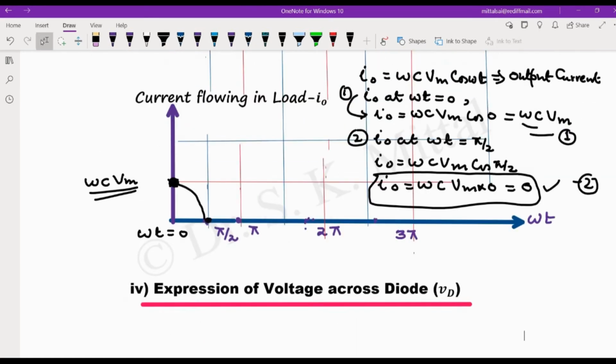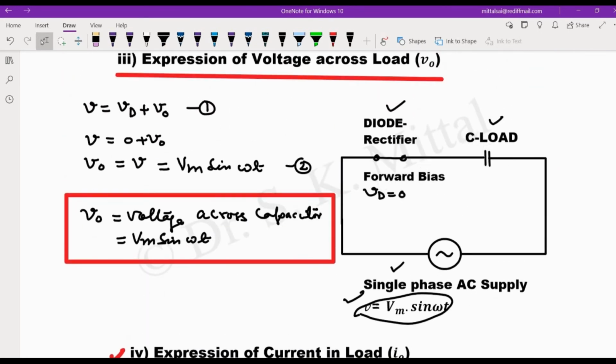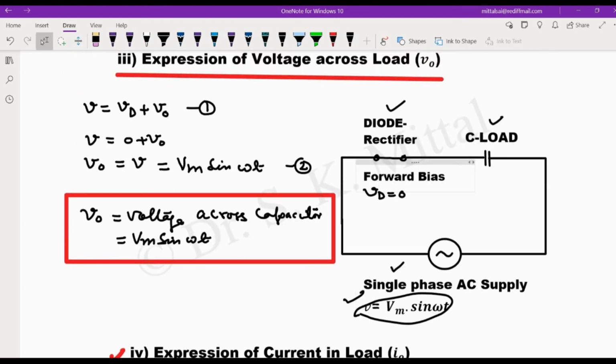According to the circuit diagram, we have said that the output voltage obtained is Vm sin omega t, and the capacitor and the diode are both connected in series.